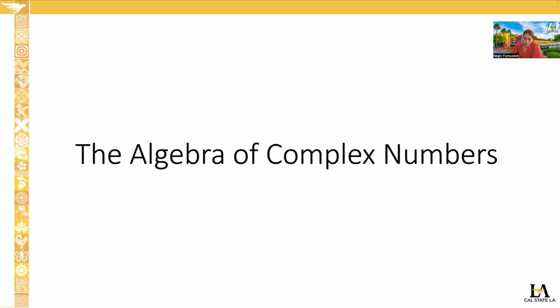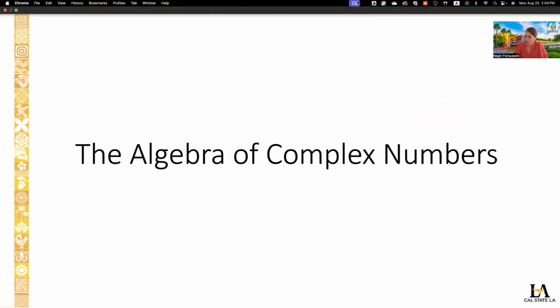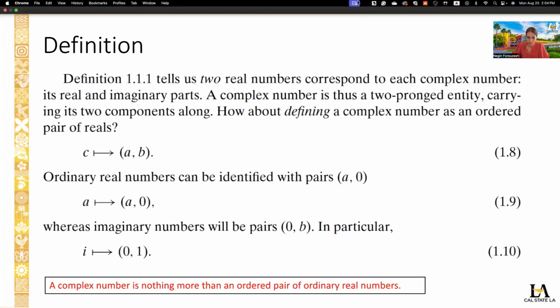Okay, so far we only defined some basic definitions without going through the algebra or the geometry of complex numbers. From here, in this subsection, we only focus on the algebra and the operations that we run on complex numbers.